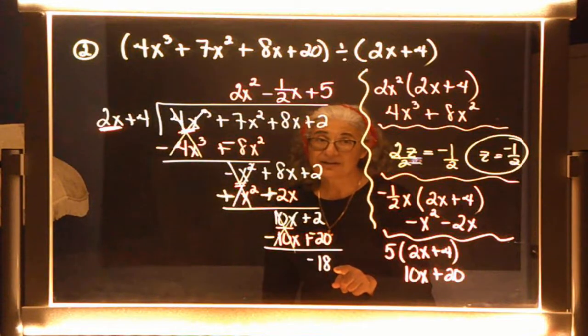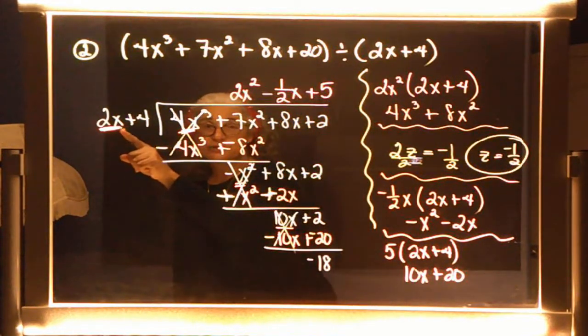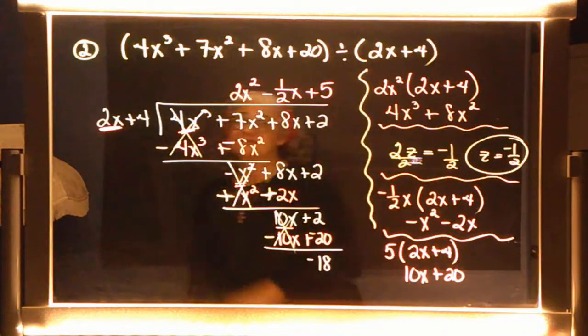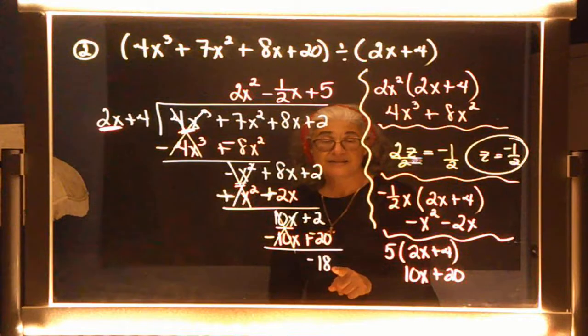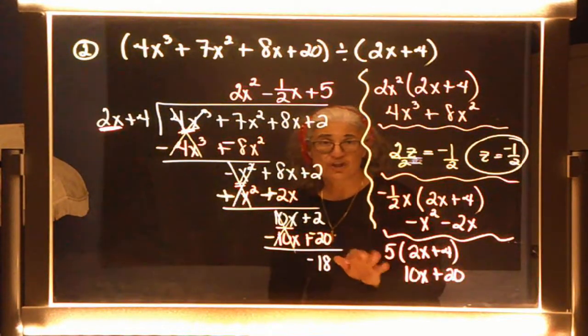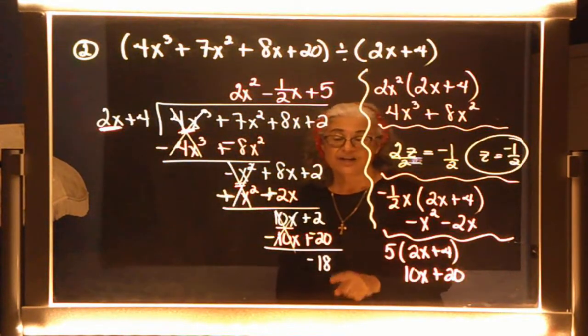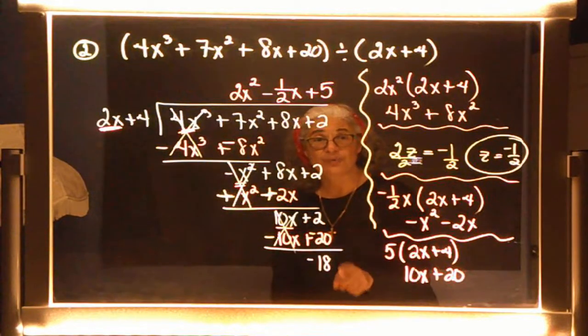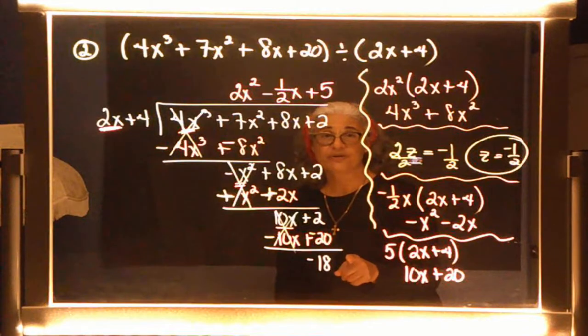No x's make this term smaller than this first term on the outside that has an x. Again, this minus 18 has no x's, which makes this term smaller than the 2x. So that means the negative 18 is your what? Yeah, that's the remainder. Are you with me?